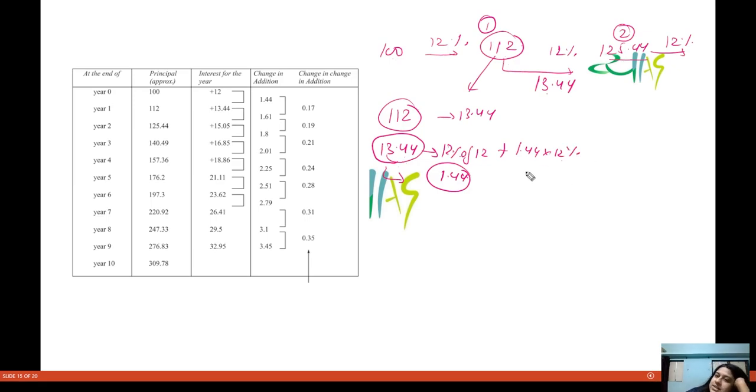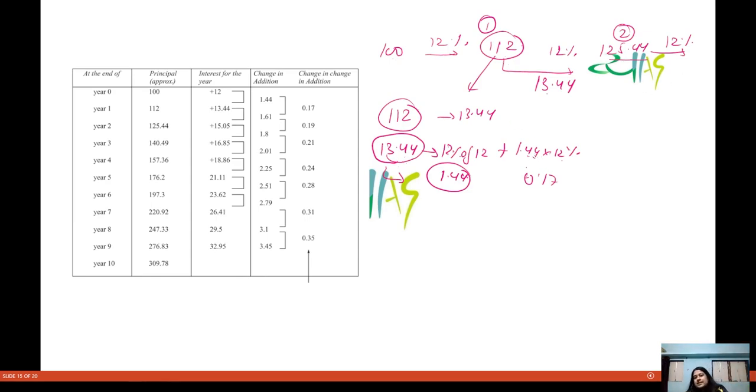Okay, so 12% of 1.44 is how much? Now this you will have to calculate anyhow. Okay, so this 12% of 1.44, you are going to get how much? I think 0.17. Okay, 0.17. We will just have to calculate this because the rest of the things we have calculated.